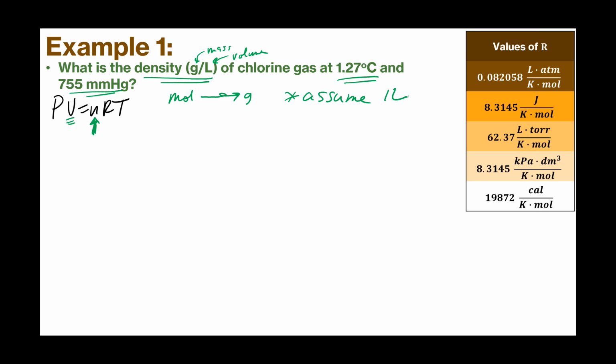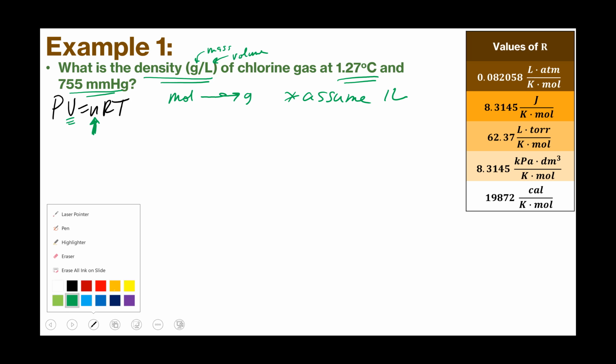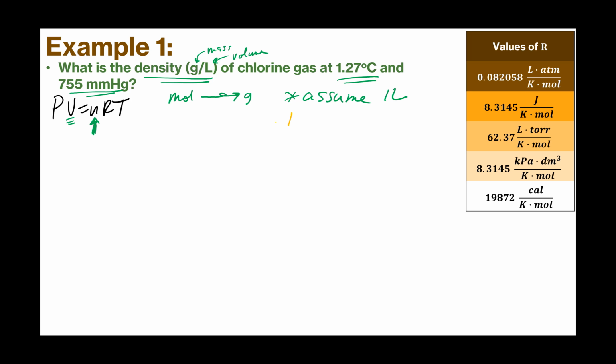All right, so let's take a stab at this. Remember, we're going to have to change units around here. So let's fix our Celsius. T equals 1.27 Celsius plus 273.15 means our Kelvin temperature should be 274.42 Kelvin.